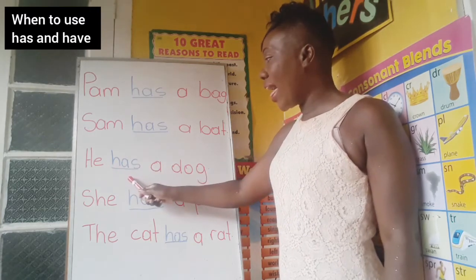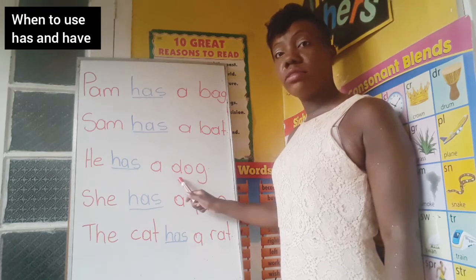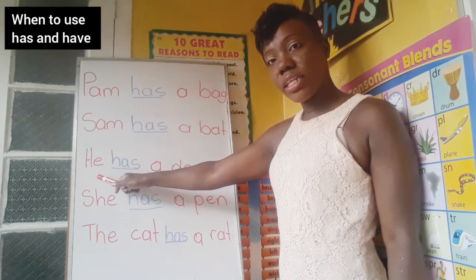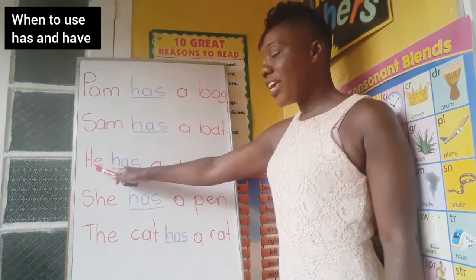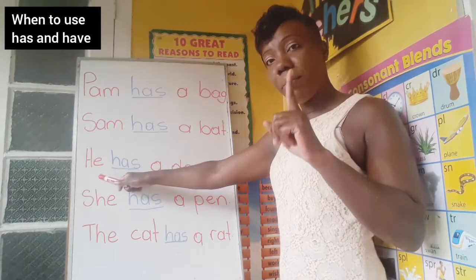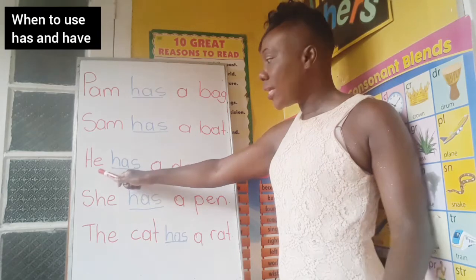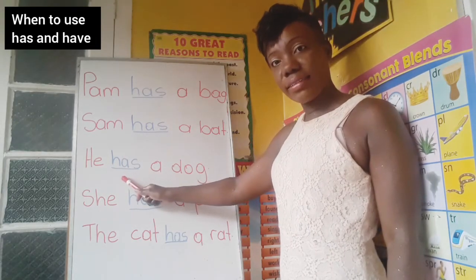He has a dog. He, which is a pronoun, is used instead of a noun. So he right here is speaking about one person, a male or a boy, and this is singular, so you use the word has.